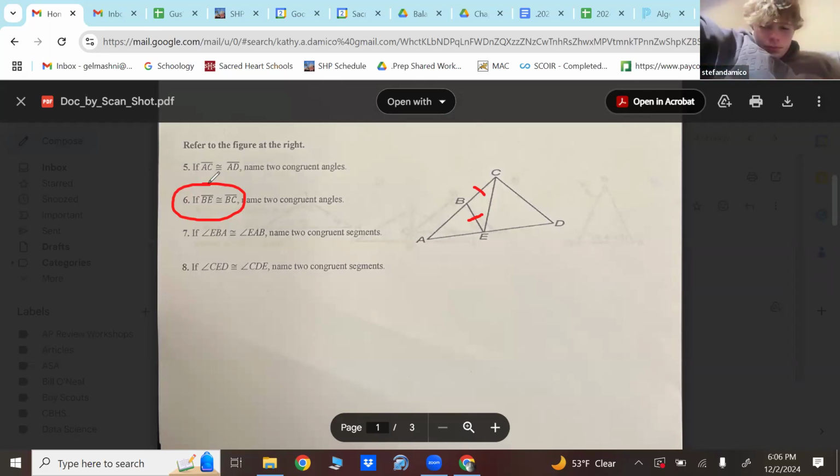Mark up the angles. So what two angles? Okay, that one, and what's the other one? Can you mark it up, please?